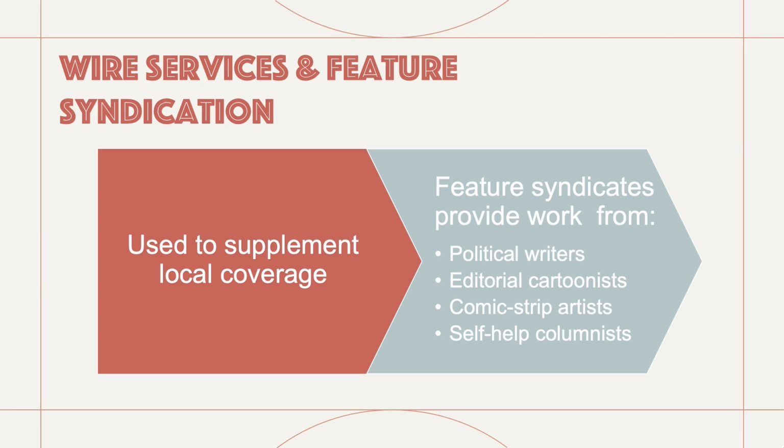Wire services like the Associated Press were pioneered in the 19th century, and increasingly these wire services have come to supplant local news coverage. Many local newspapers use something called feature syndication, where work like political writing, cartoons, and self-help columns are all sourced from a main source and can be picked up by local papers and reproduced. Typically, syndicates will be in larger, more metropolitan or urban areas and have bigger budgets and can afford to have more news content.